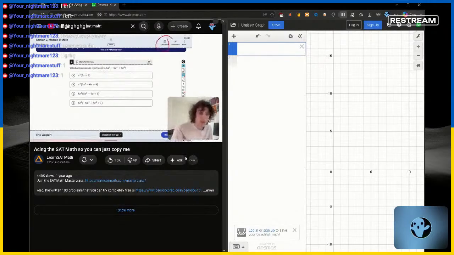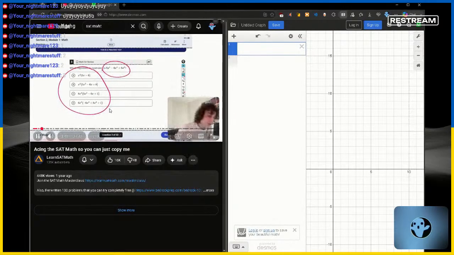So Desmos can be a crutch. I would still recommend you try to solve this by hand. And the way to solve this by hand is to think to yourself, what is different about your answer choices than your starting point? The clear answer is all of your answer choices have factored something out.